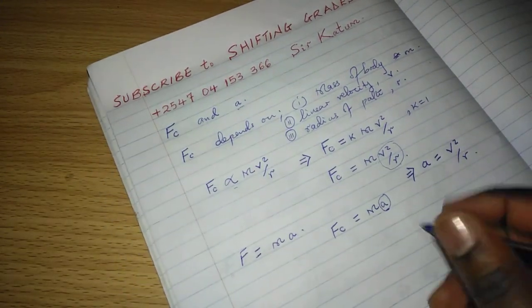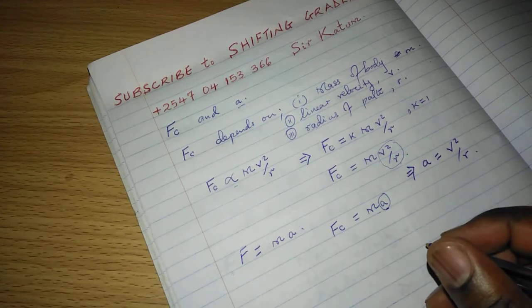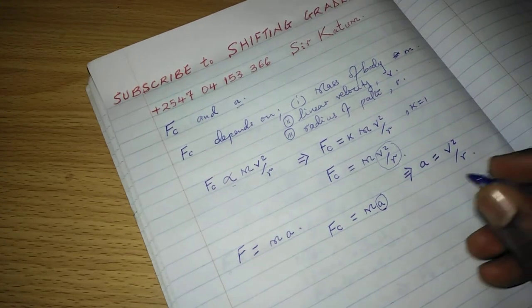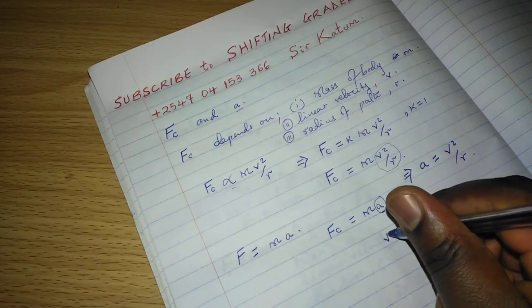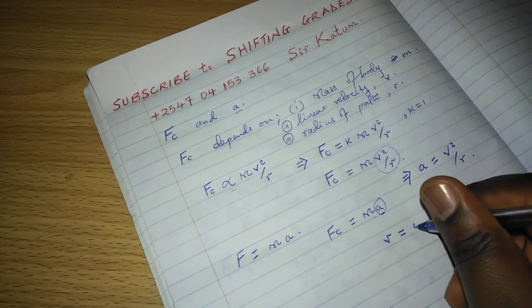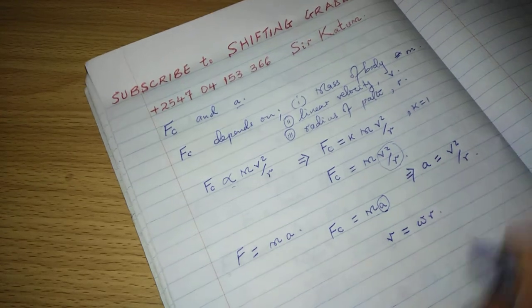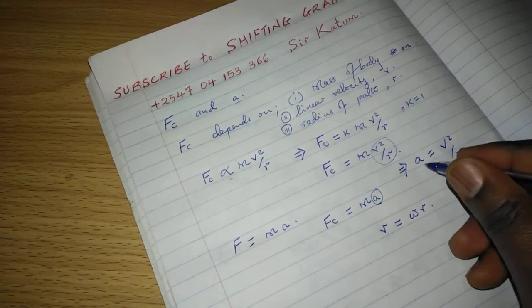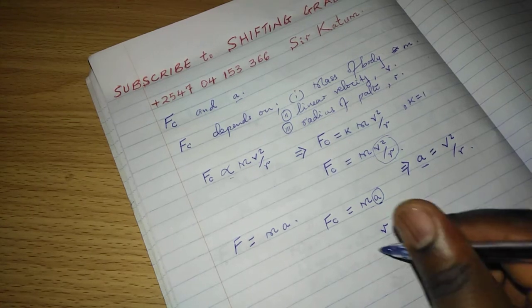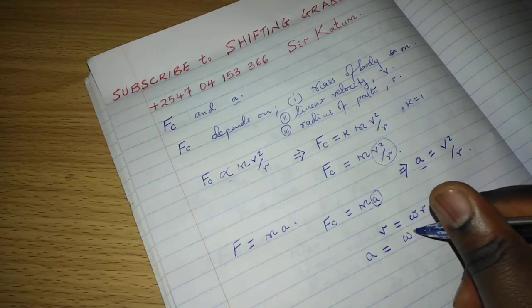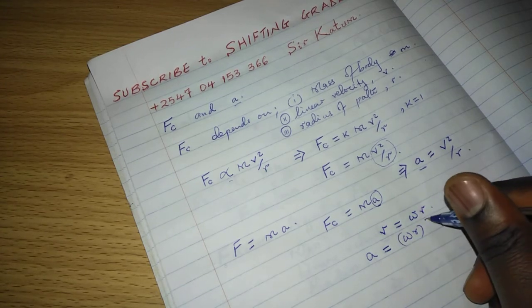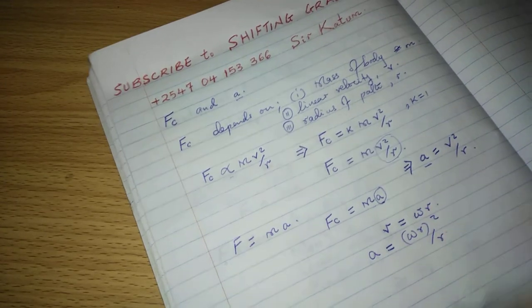And according to the relationship between linear velocity and angular velocity, remember we had said that v is given by omega r, then we can say again that centripetal acceleration is given by, instead of v, omega r squared, then divided by r.